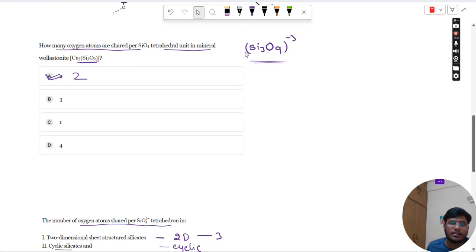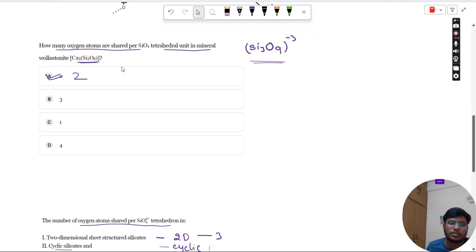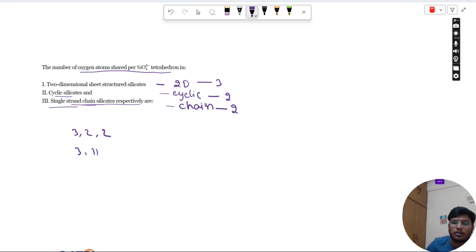In this question we have seen the cyclic and chain structures, and both are 2. So the options he may give are like this: 3 2 2, 3 1 1, 3 2 1, 2 2 1, and like this he will give some options. You have to choose the correct option, that is 3 2 2.